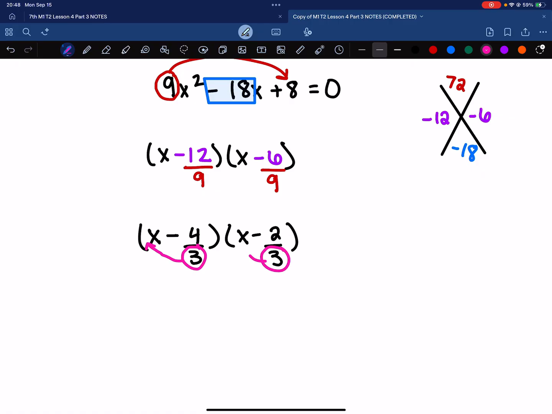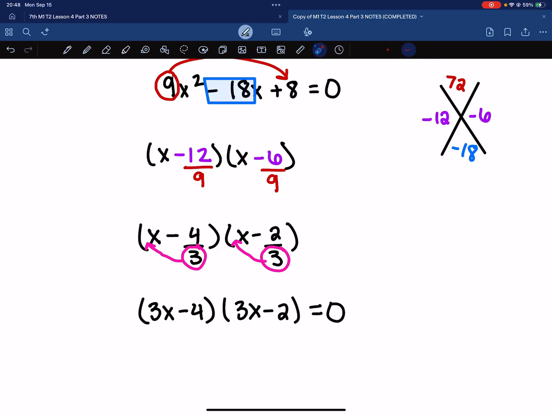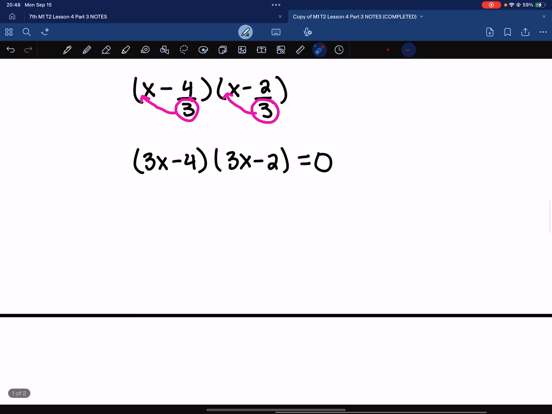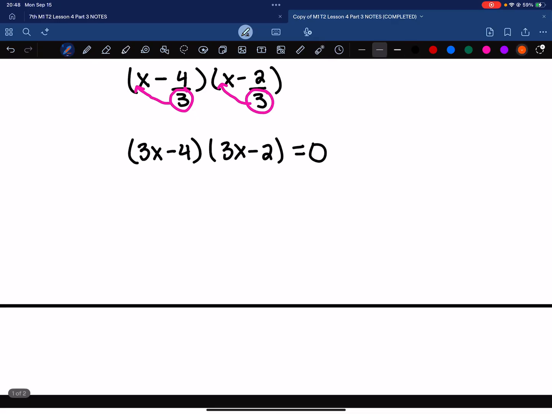You are going to slide them in front of the x that it's directly with. And so we're going to have 3x minus 4 and 3x minus 2. Now, if you were to take this and multiply it out, you will get what we started with in the very beginning. So now that we have it factored, this is our factored form.